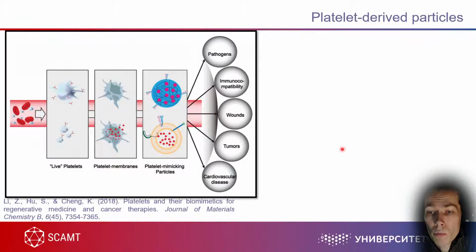Different kinds of biomimetic particles. So what is biomimetic, mimicking, call them as you want. What is so important with these particles? All of the previous examples of organic particles involve some kind of proteins or polymers, which are very close to human nature, but still they are not from a human.